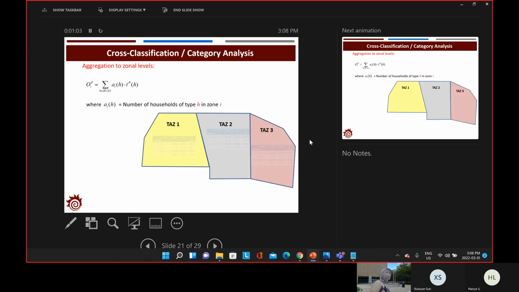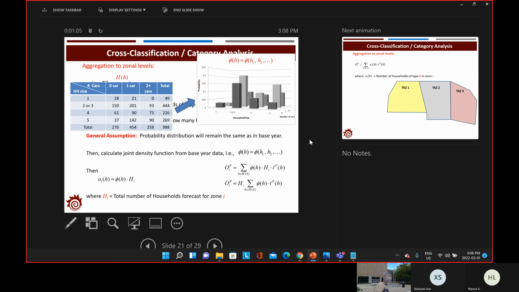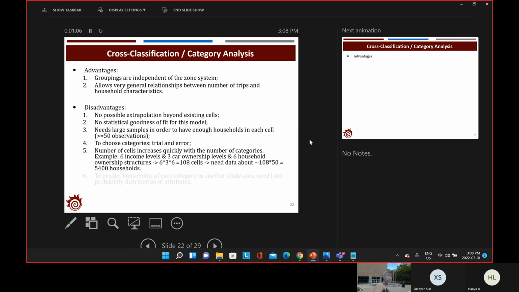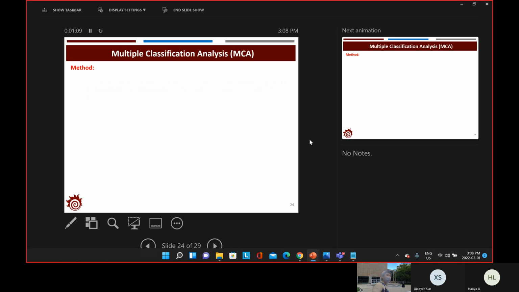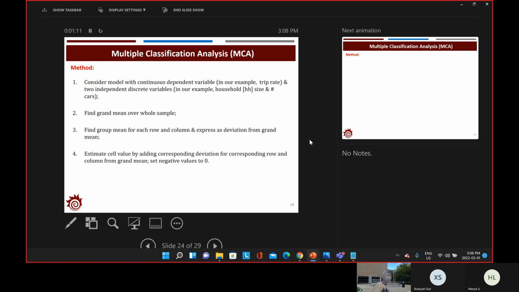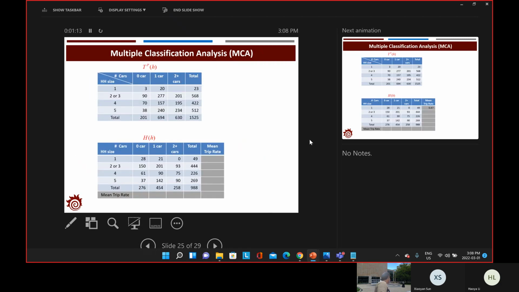The next one is the multiple classification method. It's a little bit complicated, but basically you need to do the same thing. You need to calculate the mean trip rate, which is the ratio between the trips and the total number of households in each category, the household size or the number of cars.